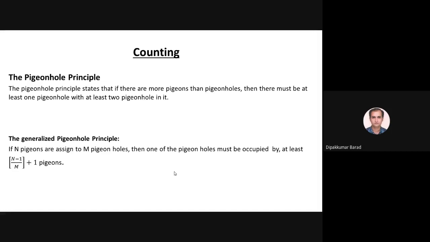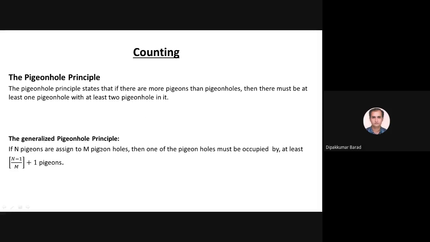Pigeonhole principle: if there are more pigeons than pigeonholes, then there must be at least one pigeonhole with at least two pigeons in it.